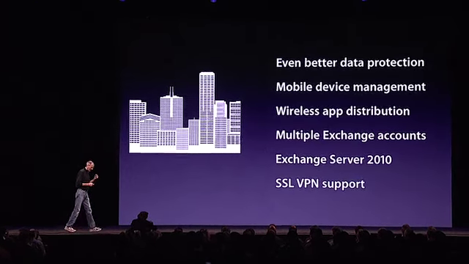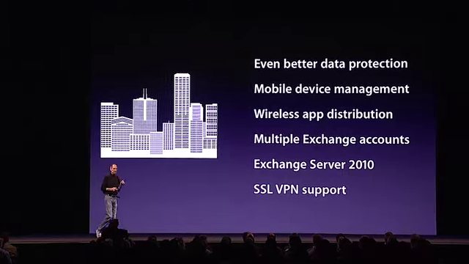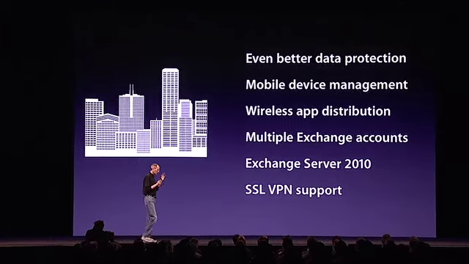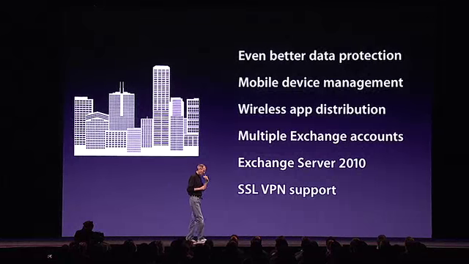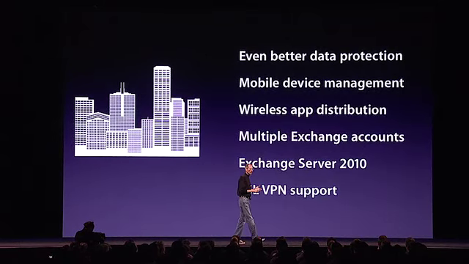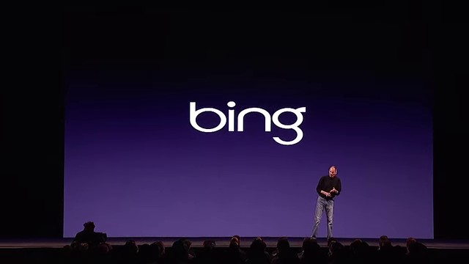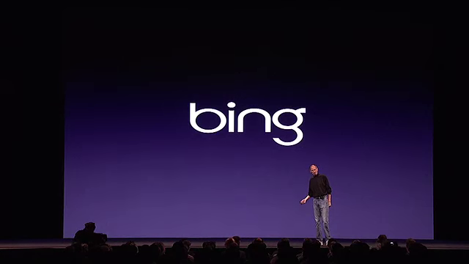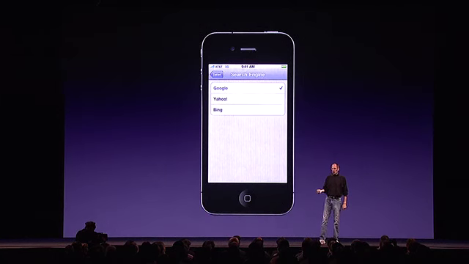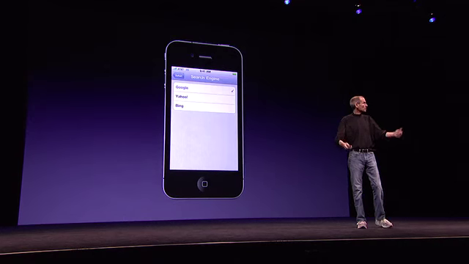Another thing we're adding on the consumer side is today we have Google Search and we have Yahoo as an option that you can select. We're adding a third option, which is Bing. And so Google will stay the default, but now you'll have one more choice if you'd like.